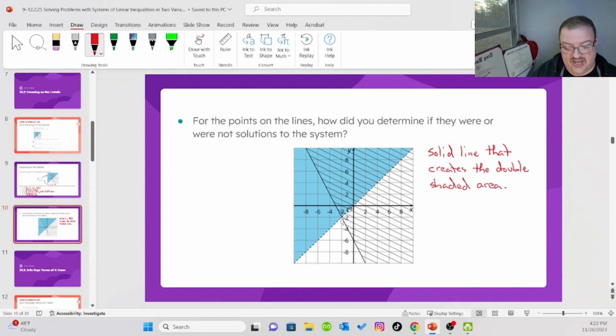If they're on the solid line that doesn't create that double shaded area, they're not solutions. If they're on a dashed line, it doesn't matter where they are, dashed lines are never solutions. So we want a solid line that creates the double shaded area.